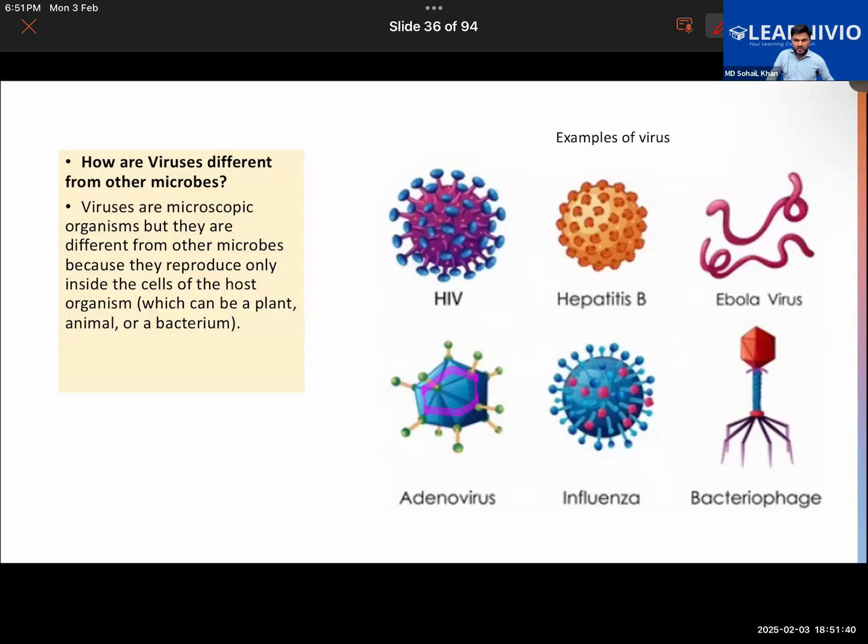They are also much smaller in comparison to all the microorganisms. They can reproduce themselves within a second. Yeah, that can also be considered. So they are different from other groups.